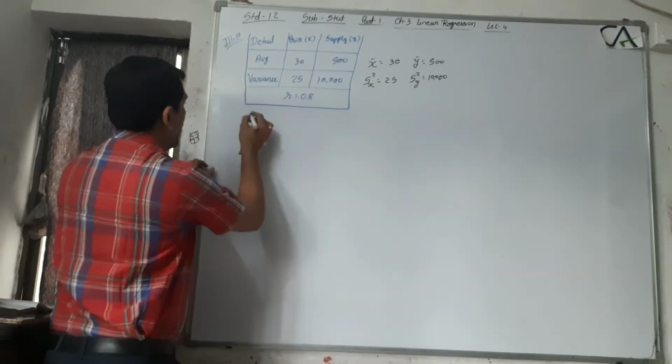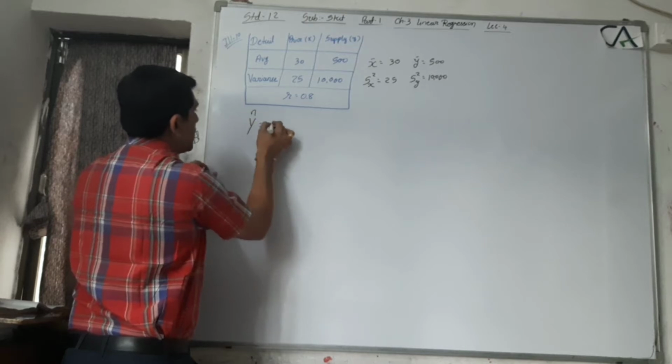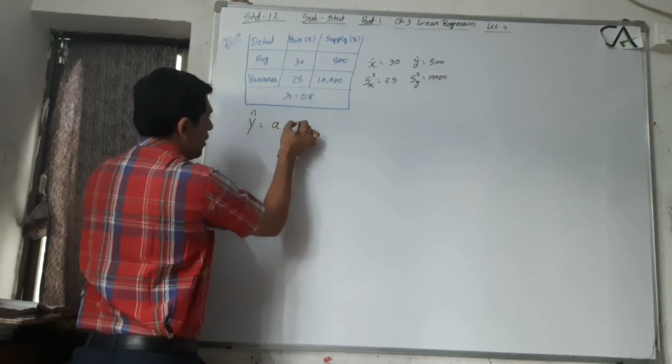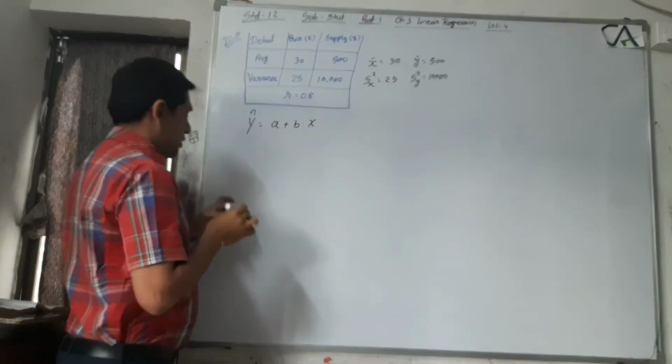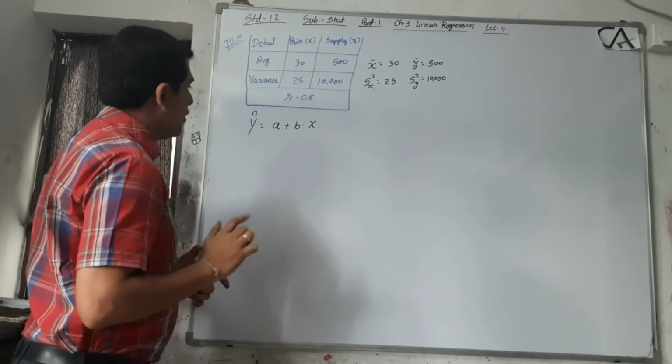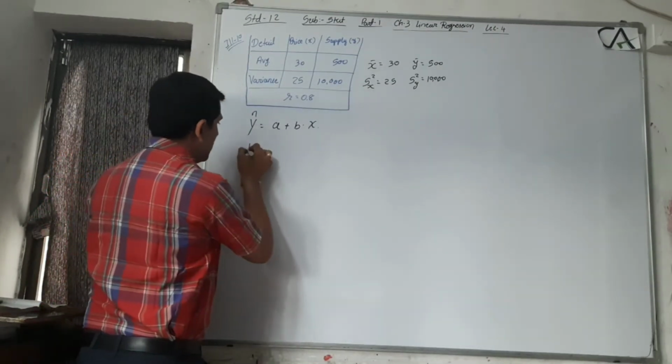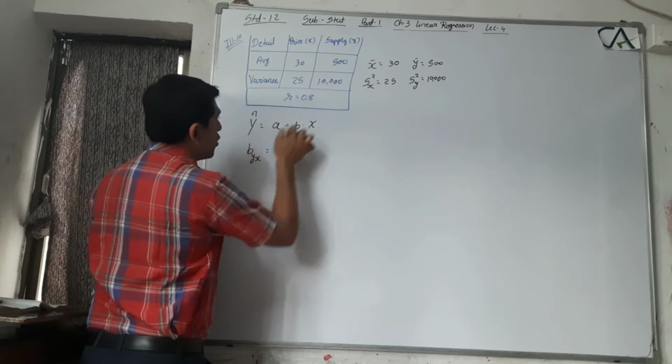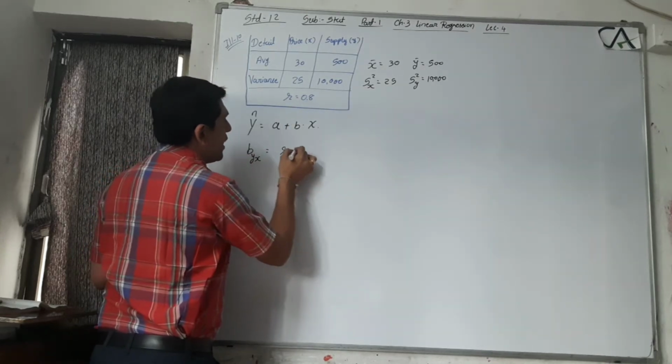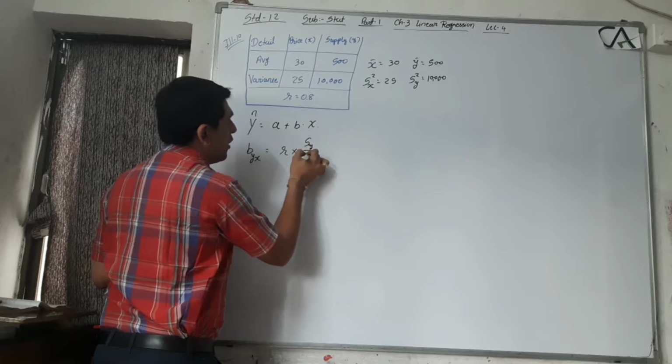We have to find out Y cap is equal to A plus BX, that is the regression line of Y on X. For that, BYX is equal to R into Sy upon Sx.